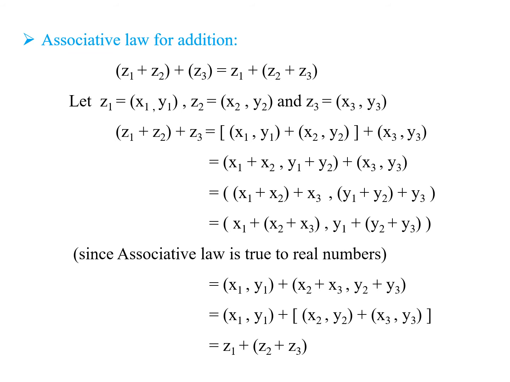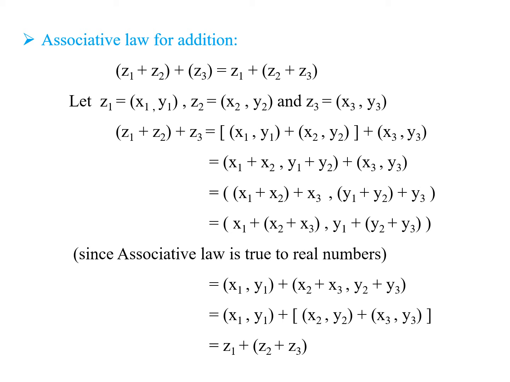Next one, associative law for addition. So now we take three complex numbers z1, z2 and z3. We apply the sum of two complex numbers form and we are going to prove it is also true.